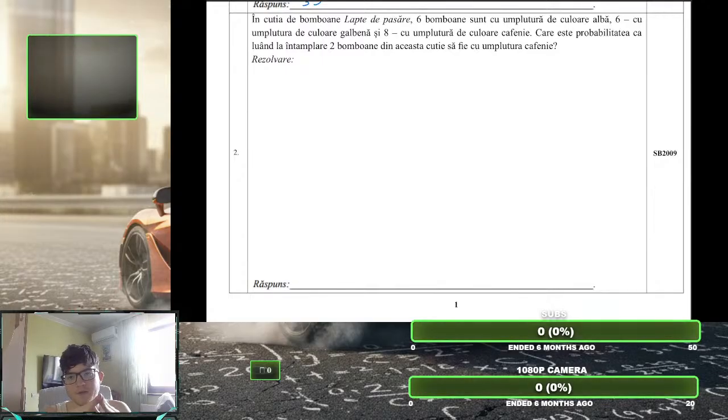What is the probability that when you take 2 candies, they will be brown? That's the condition.